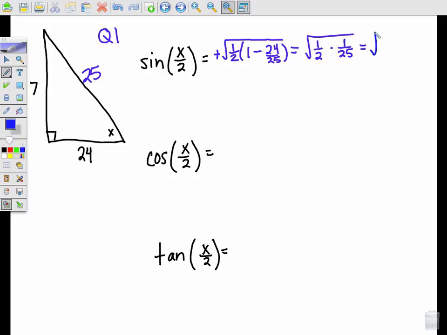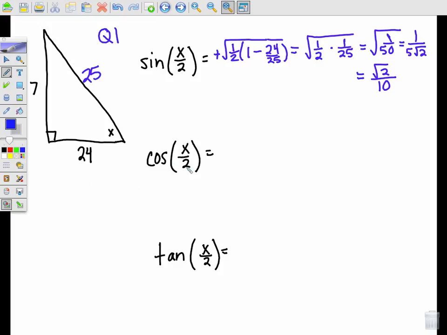So we're looking at the square root of 1 over 50, which is 1 over 5 square roots of 2. Not my final answer, because I'm going to rationalize my denominator. So root of 2 over 5 times 2, which is 10. There's the sine of the half angle.